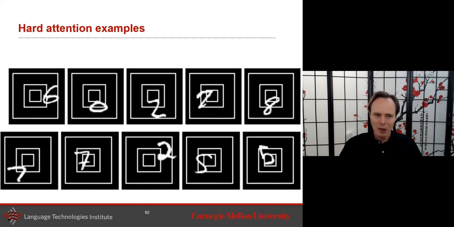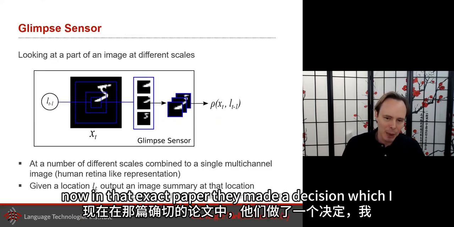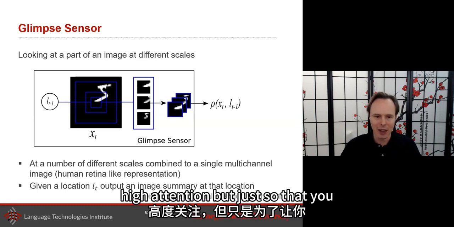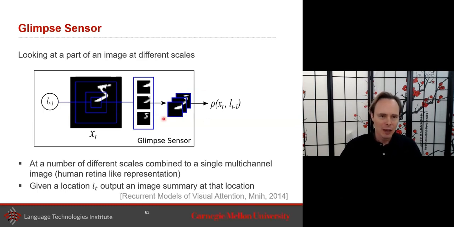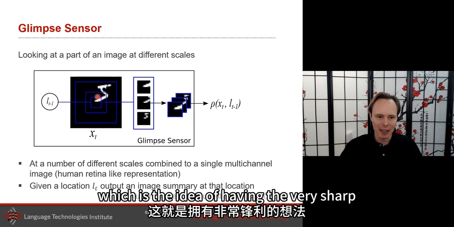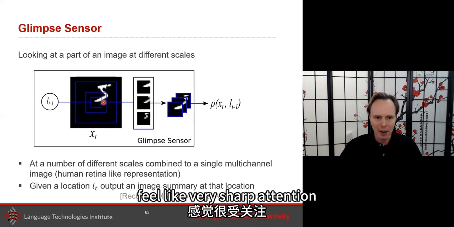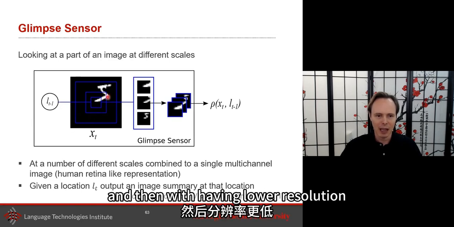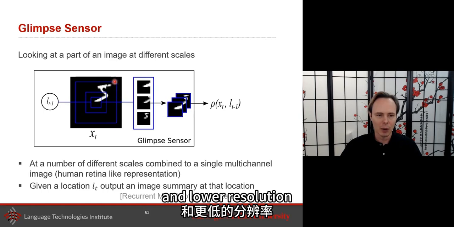Now, in that exact paper, they made a decision, which I would say is not a requirement for hard attention, which is the idea of having a very sharp attention with high definition, and then lower resolution and lower resolution.